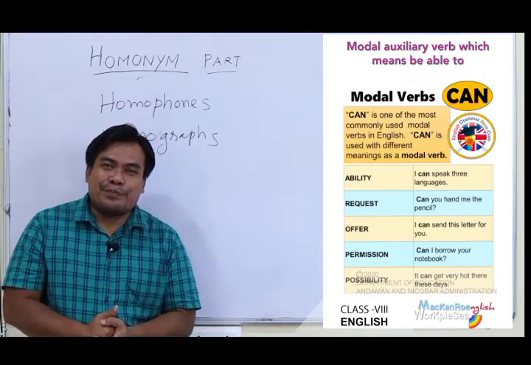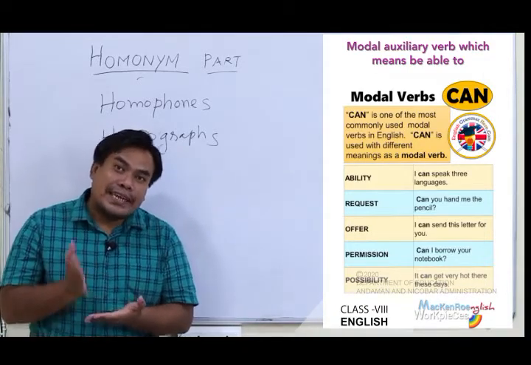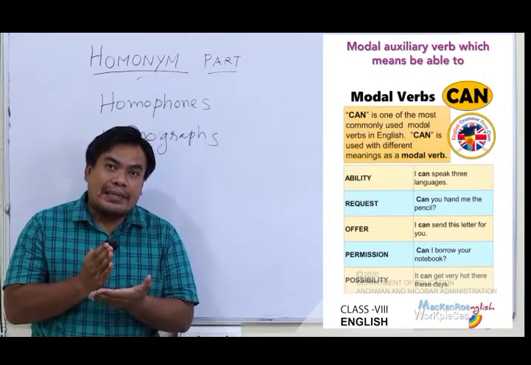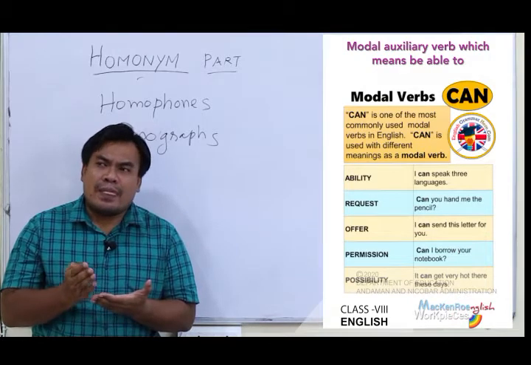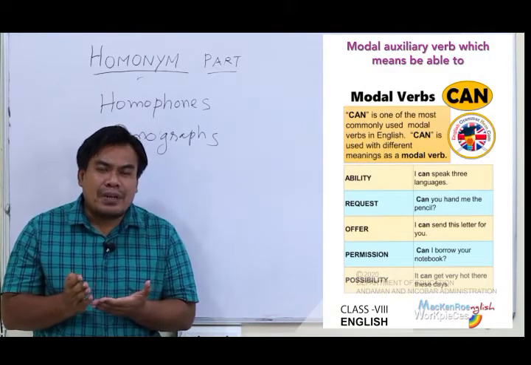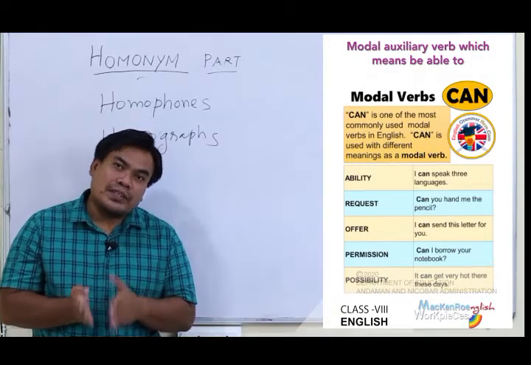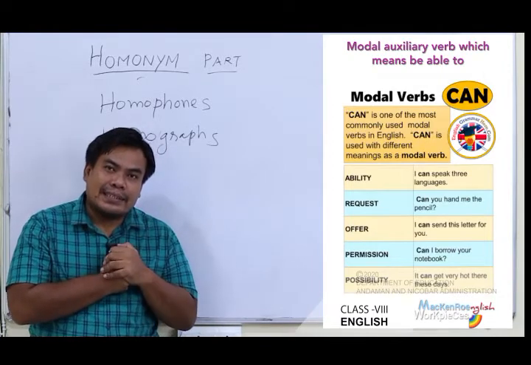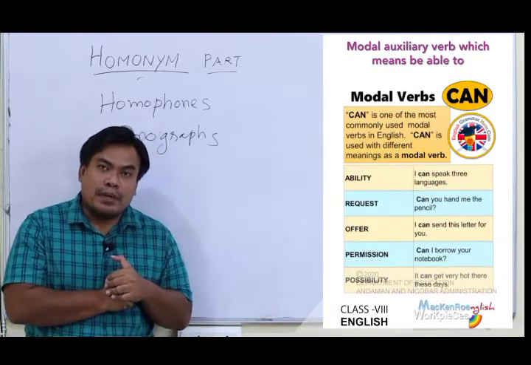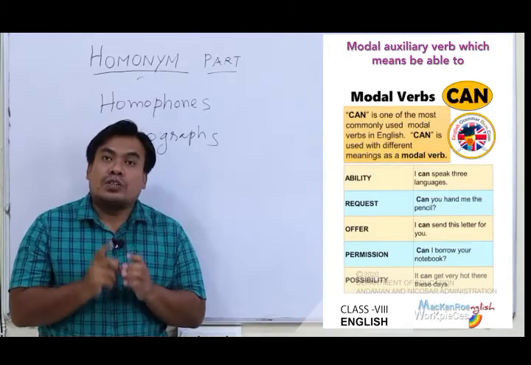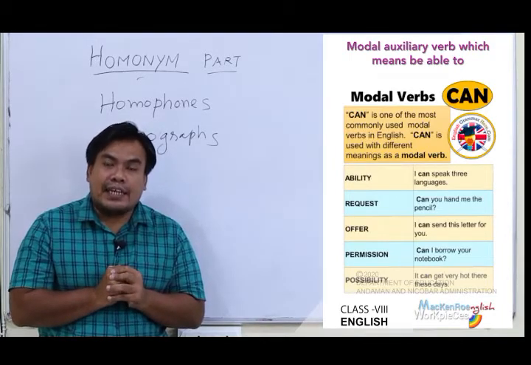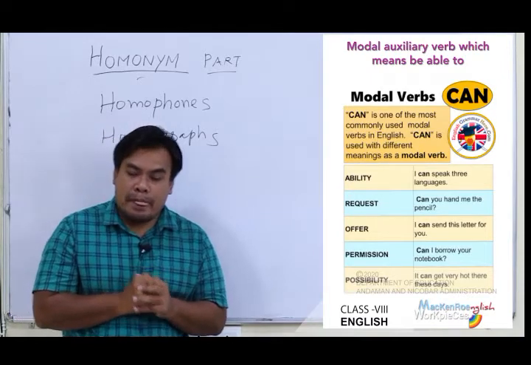Is there any problem? Okay, so you can use that can. Can denotes the ability of a person or of an animal. Those are called cans, the modal verb, and the previous can was the container. So can, C-A-N, is one of the homonyms again.